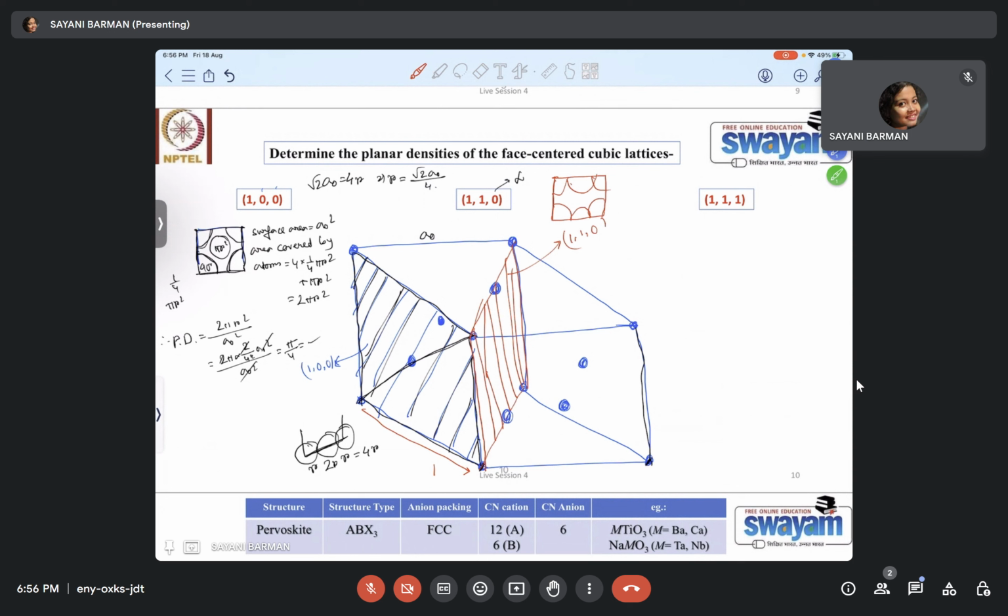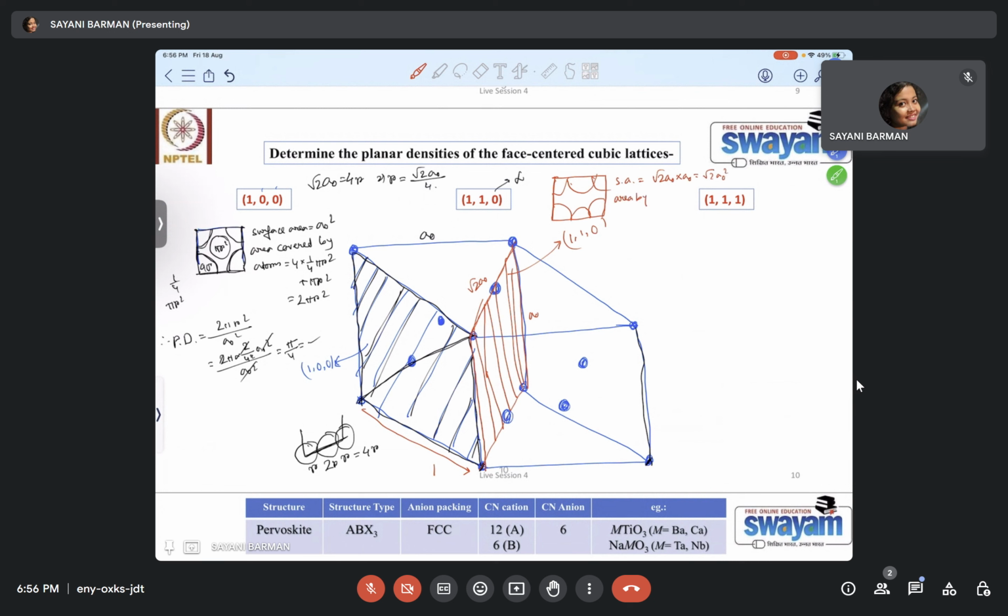Now, what will be the surface area? This is the face diagonal, root 2 A0, and this much is A0 only, right? So the surface area is root 2 A0 into A0, equals root 2 A0 square.